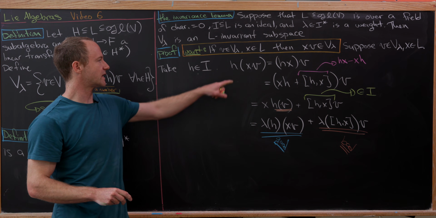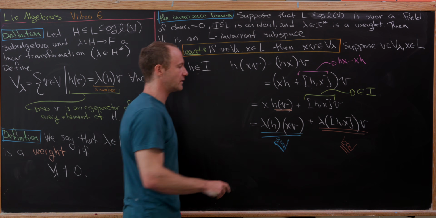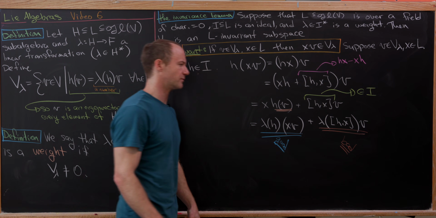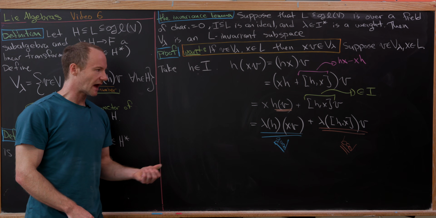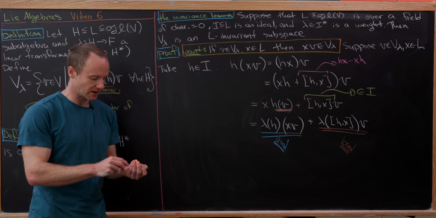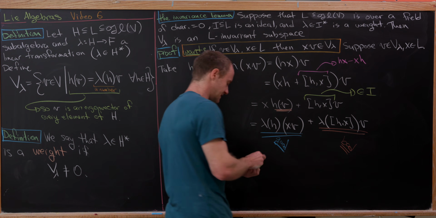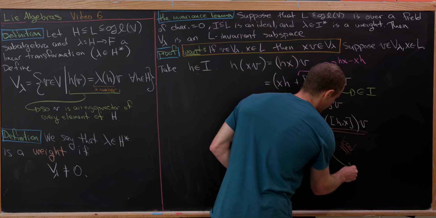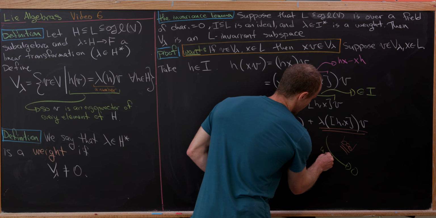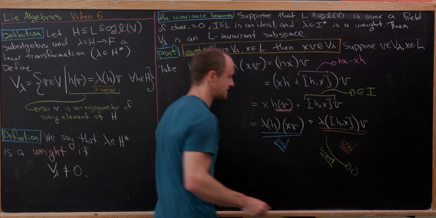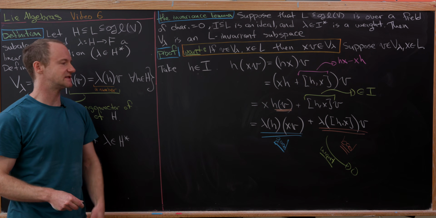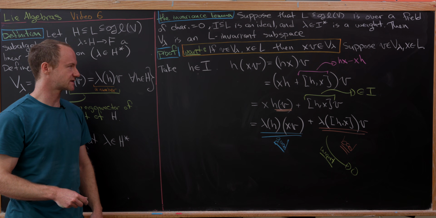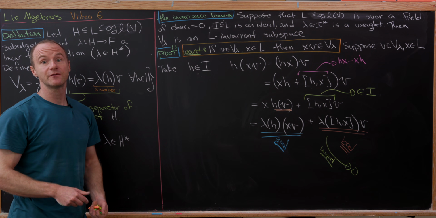And that's because here we started with an h on the left and we ended with a lambda of the bracket of h with x. But how could that badness disappear? Well, that badness could disappear if this thing was equal to 0. So I'll just put that we want this to be equal to 0. This lambda applied to the bracket of h with x. Okay, so let's see if we can show that.